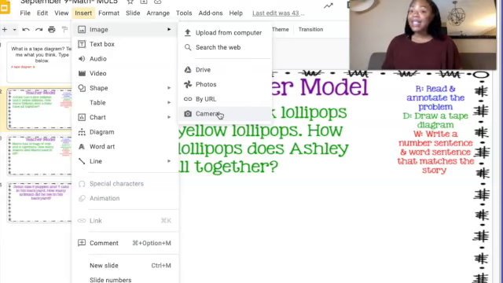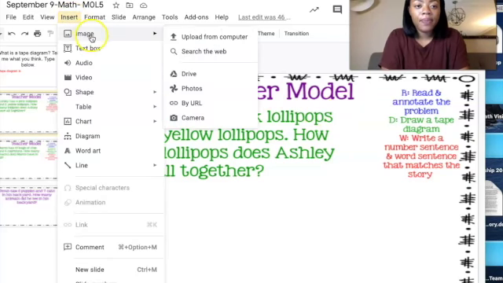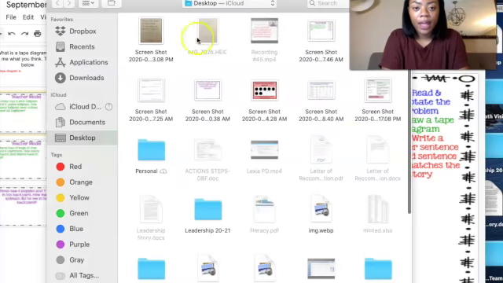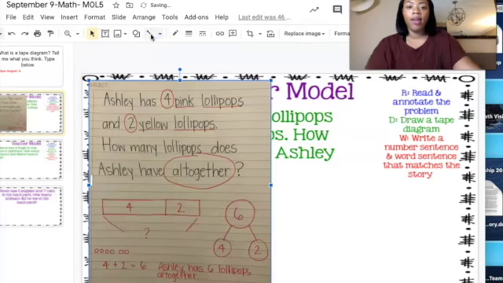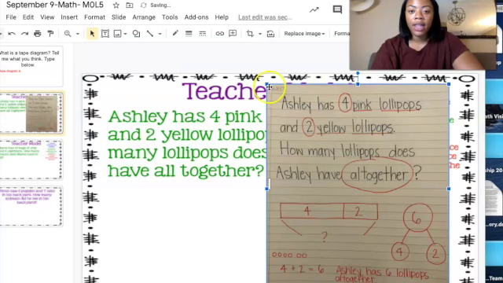If that does not work for you, you can always take a picture of your work with a phone, and then send the picture to yourself, like send the picture to your email. Then you would click Insert, Image, Upload from Computer, and then you would insert the picture on the slide.